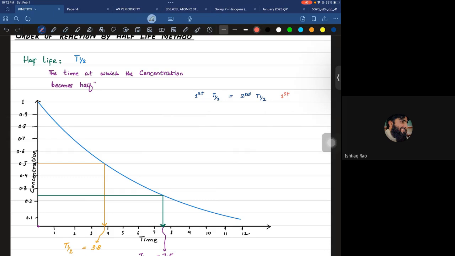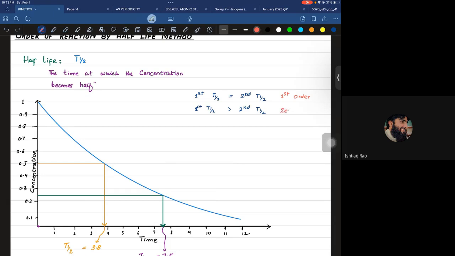And if the first half-life is greater than the second half-life, you can say that this is your zero order reaction.